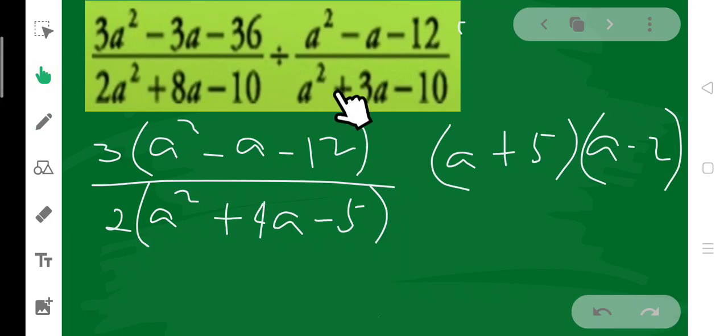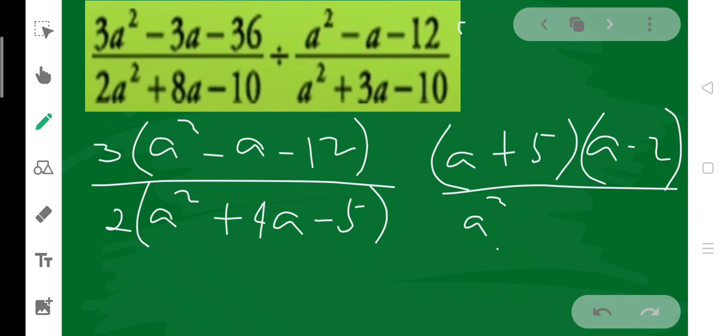Okay, why? Because this one, factors are a. And then for negative 10, we have positive 5 and negative 2. Since positive 5 and negative 2, when combined, we'll get positive 3 in the middle term. Okay. Now for the denominator, in factored form, I'm not going to factor this one because I could see the same trinomial as this one in the numerator.